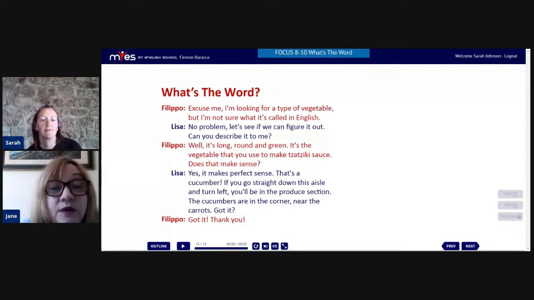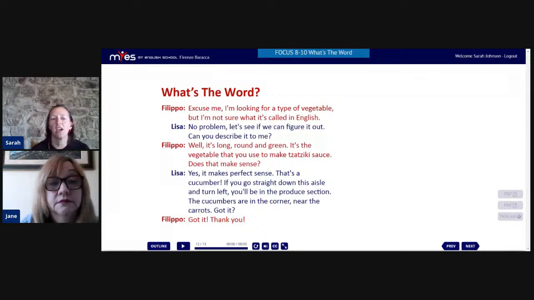It's the vegetable that you use to make tzatziki sauce. Does that make sense? Yes, it makes perfect sense. That's a cucumber. If you go straight down the aisle and turn left, you'll be in the produce section. The cucumbers are in the corner near the carrots. Got it? Got it. Thank you.